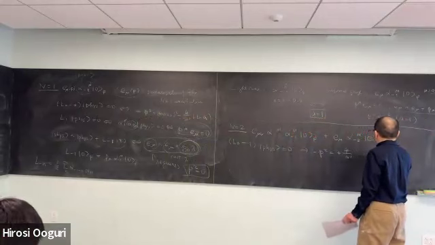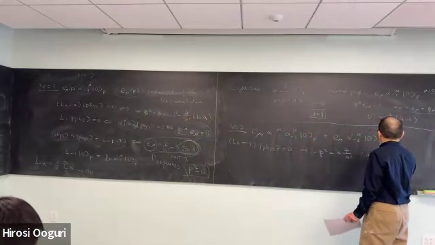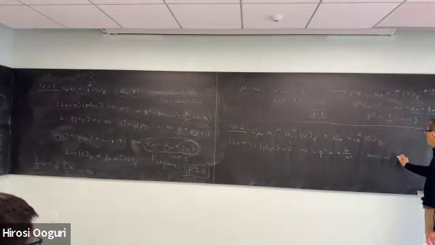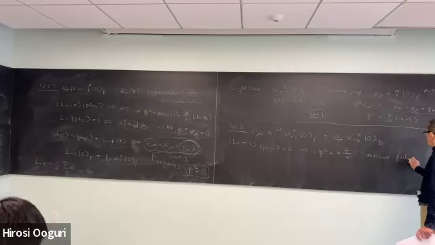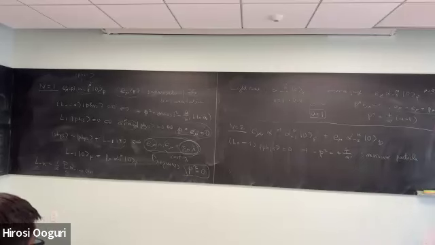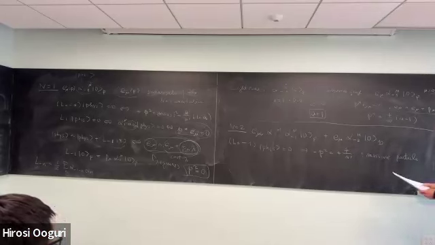So now this is a massive state, a massive particle. So the ground state was a tachyon. The first excited state is a massless vector field. And the second excited state is a massive tensor and vector, a linear combination of them. Okay.